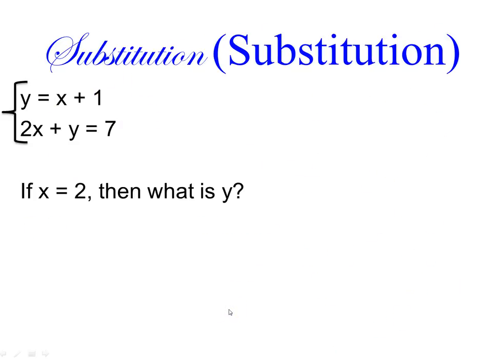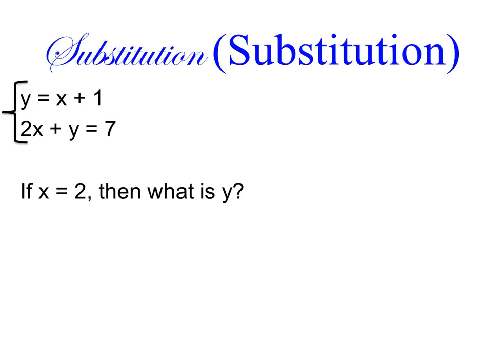All right. So this is the system, sorry, that we have been working on. So y equals x plus 1. I found out that x equals 2, but what do I do to find y? Well, I'm going to substitute again. I'm going to take that x equals 2, and I'm going to put it into an equation.